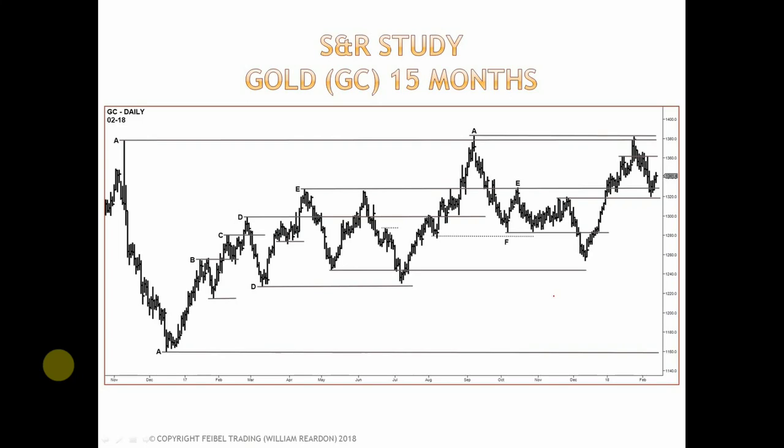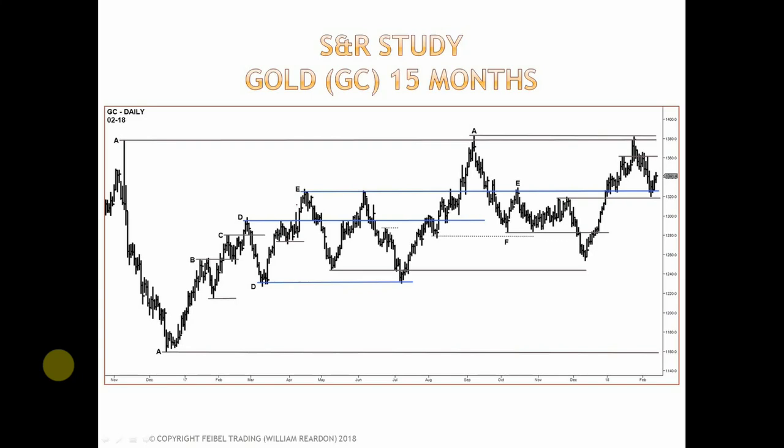Now we're heading towards the advanced construction of support and resistance, the nuances. So here, the blue lines is where I would draw the support and resistance levels as it contains price.